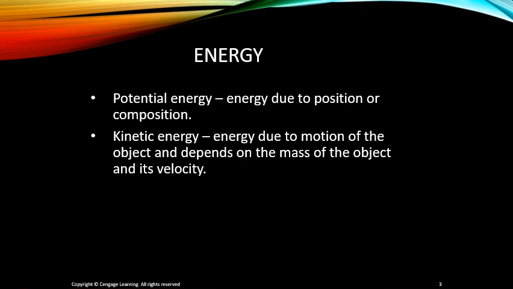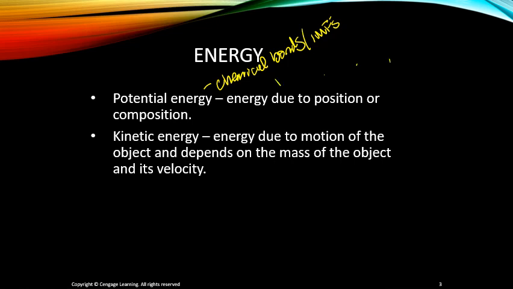Let's first define the main types of kinetic energy that we will see during chemical processes. The first of which is your potential energy, and that is energy that's due to the position or the composition of these substances. The main place where you will see potential energy is during a chemical reaction, so your chemical bonds being broken or created, and your IMFs that are occurring between the different molecules.